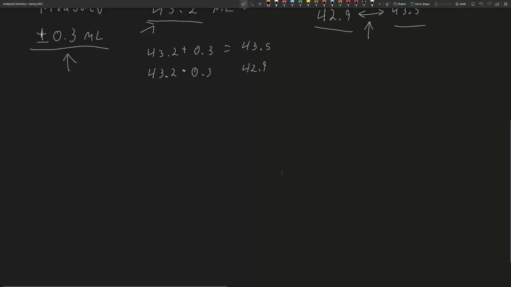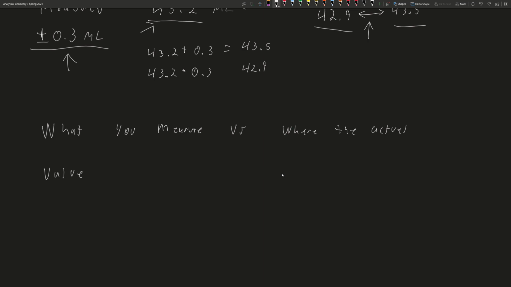So how should I put this? What you could say is it is equivalent to what you measure versus where the actual value lies.